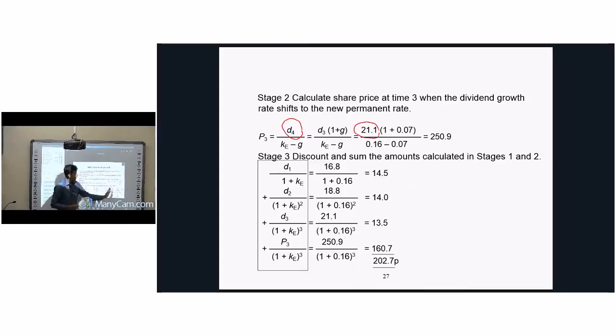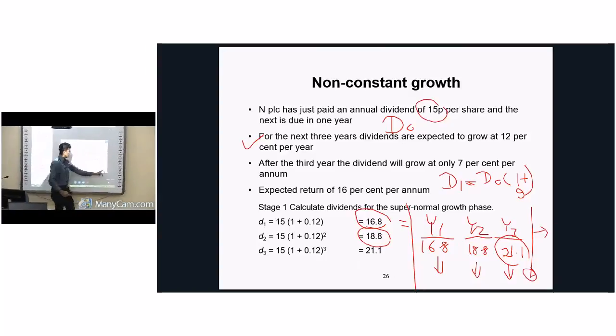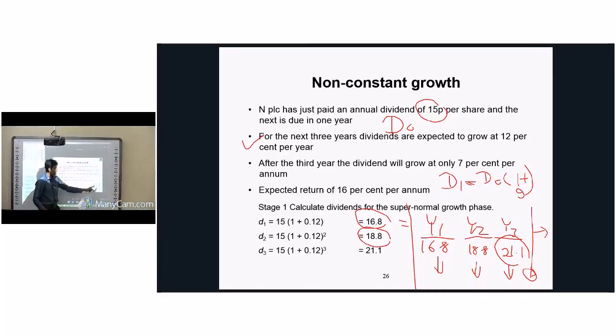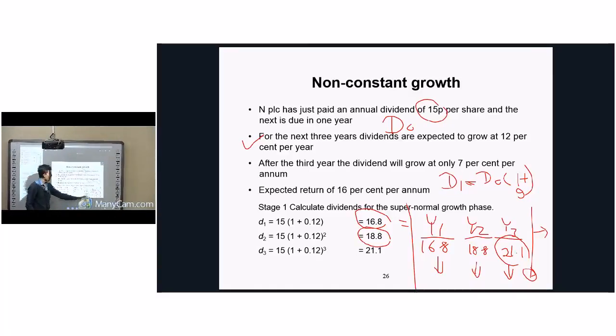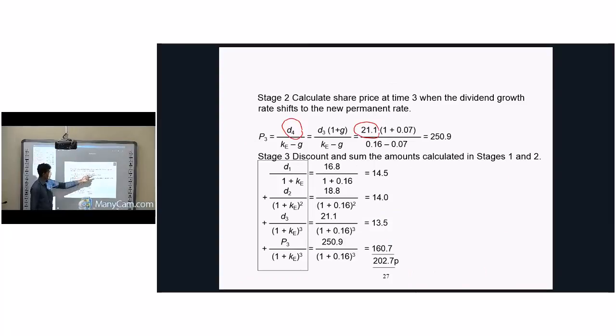We have come up to year 3, right? So your D4 means dividend in 1 year's time. So if you are here, dividend in 1 year's time means 21.1 plus 7%. That is your D1. In other words, that's your year 4. So you do the 21.1 plus 0.07.